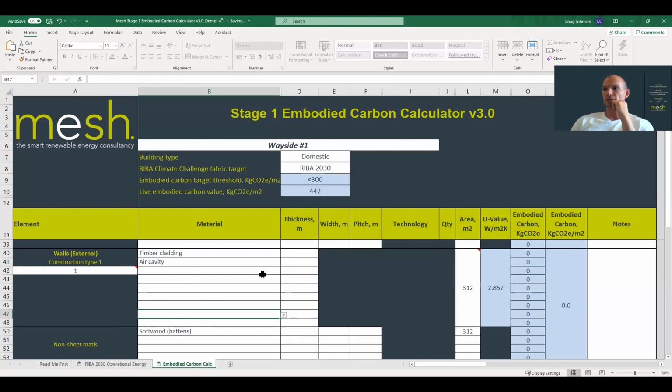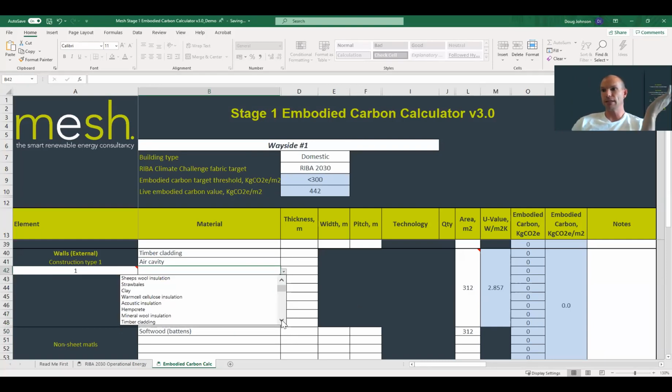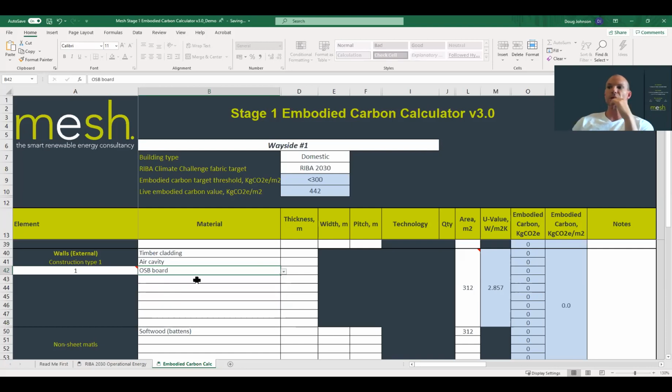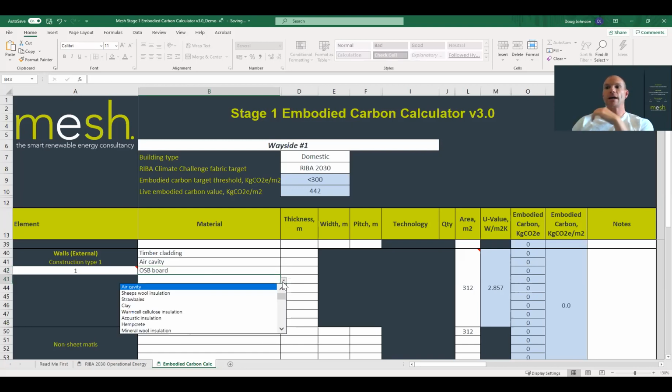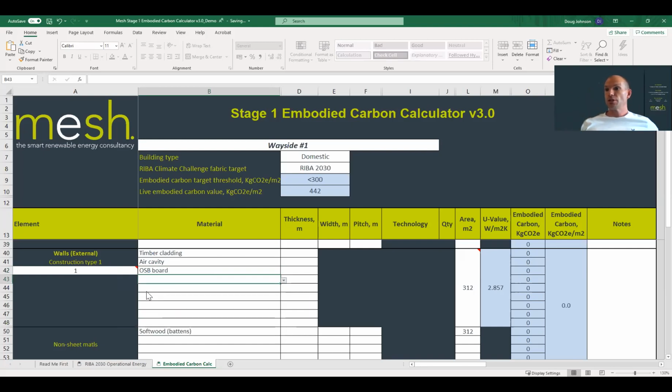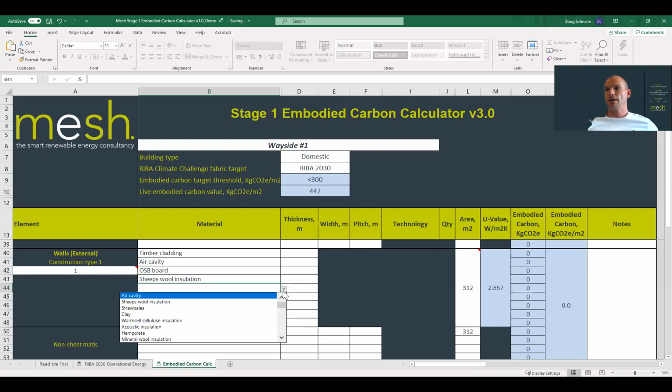So once you've got your battens, let's say there's a ply sheet on the outside, or OSB. Let's say there's OSB on the outside. Then you have your stud wall with insulation infill. Let's say we're using sheep's wool insulation as the infill. And then on the other side, you have your OSB board again.